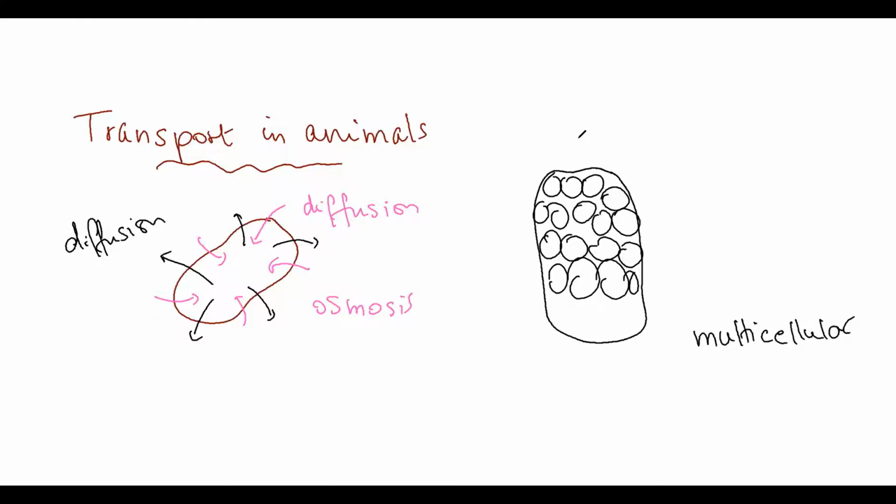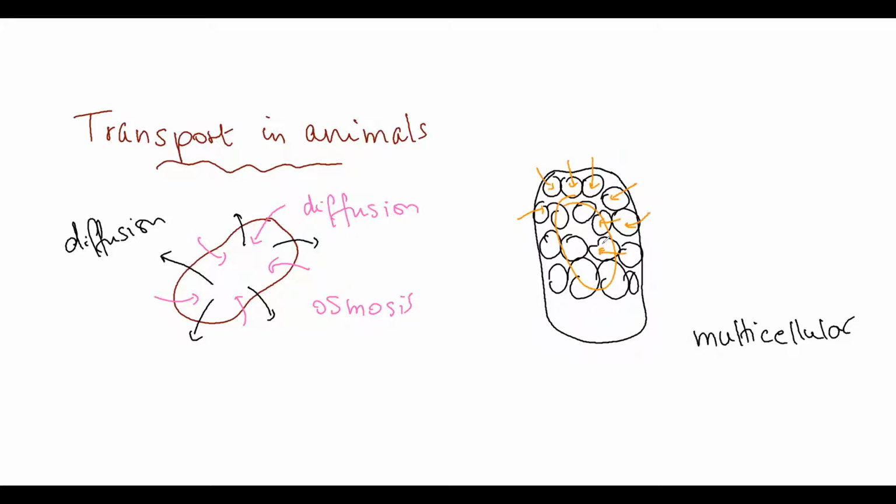If these multicellular organisms depend on diffusion and osmosis like the simple ones, the outer cells only will receive the materials. But what about the cells inside? They have to wait for a long time until the materials diffuse to them.